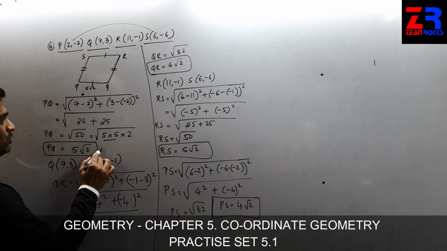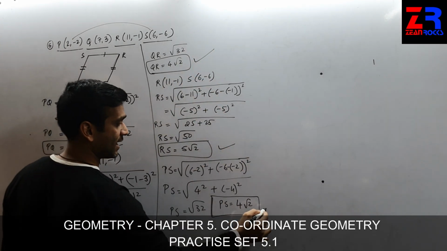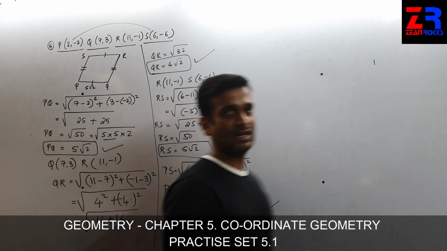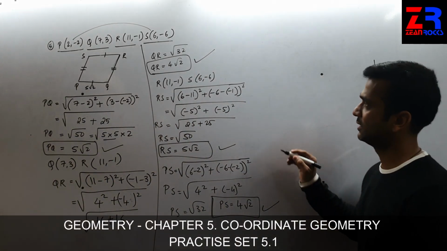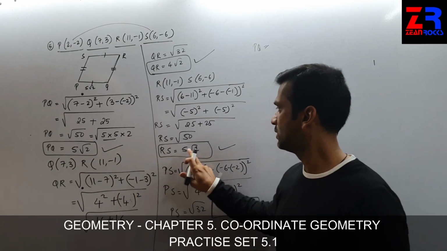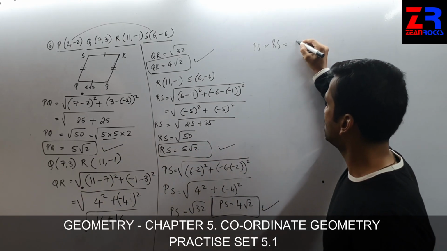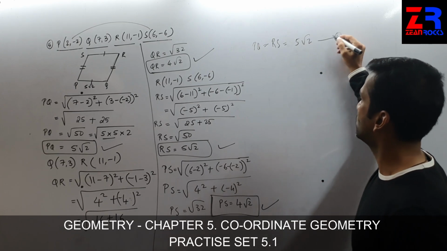So you have got PQ, QR, RS and PS. Now we are going to check the condition. PQ is equal to RS, equal to 5 root 2, that's one.